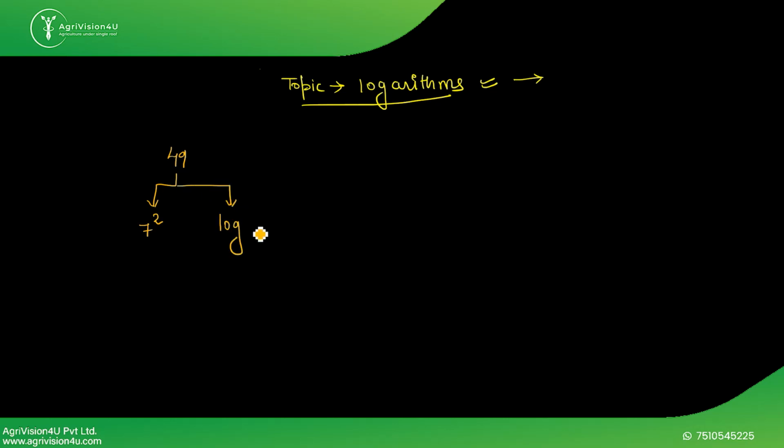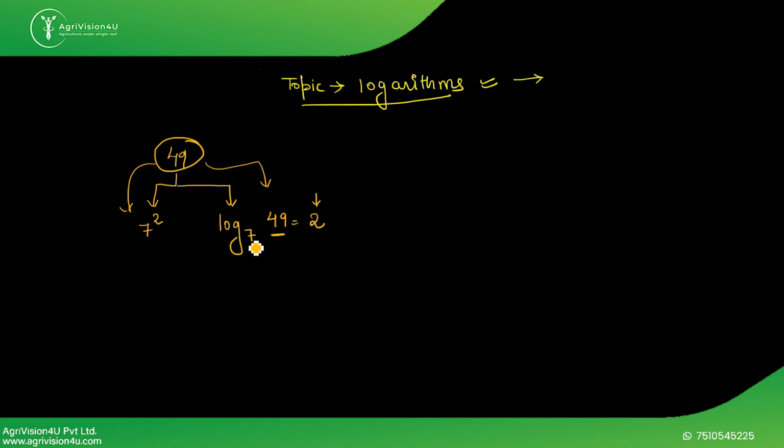Log base 7 of 49 is equal to 2. If I want to represent this particular number, I can write it this way, or if I want to represent it in logarithmic form, I can write it in this way. We'll see what is this and what is this, we'll see the representation also.